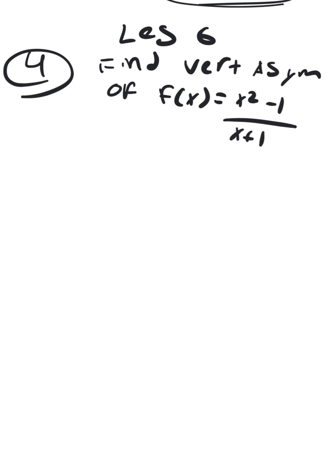So, to solve this equation, we must first understand that in order to find the vertical asymptote, we must find the point at which the denominator is equal to 0. Well, that would be simple. We just make the denominator equal 0.